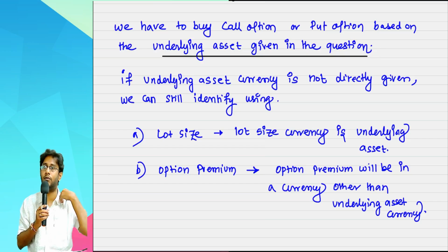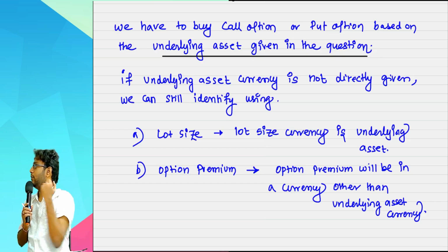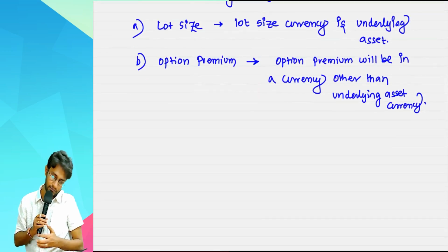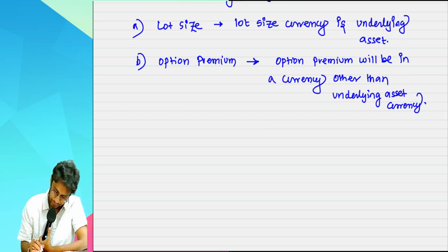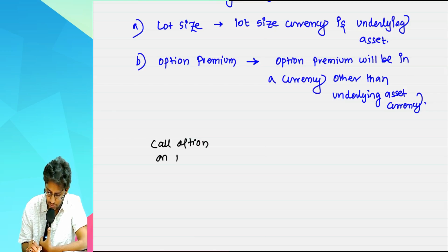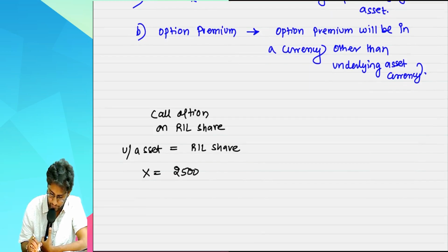Sir, if the question does not give hints, and we did not understand the hints? No problem. Look at this. Suppose there is a call option on RIL share. Tell me, sir, who is the underlying asset here? RIL share. Okay. Strike price, let us say 2,500.